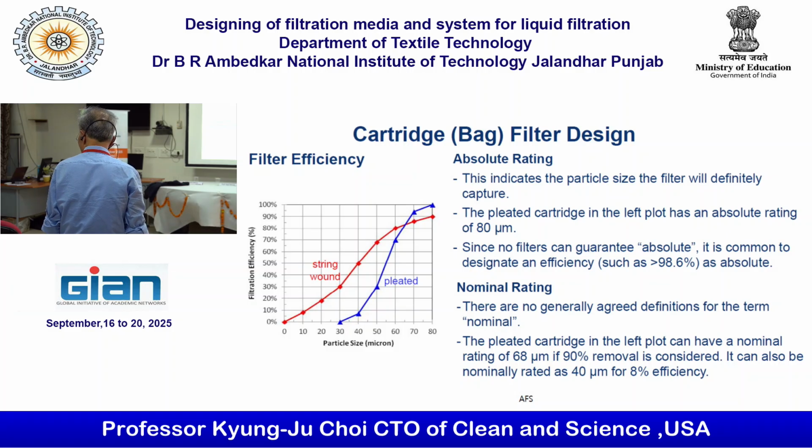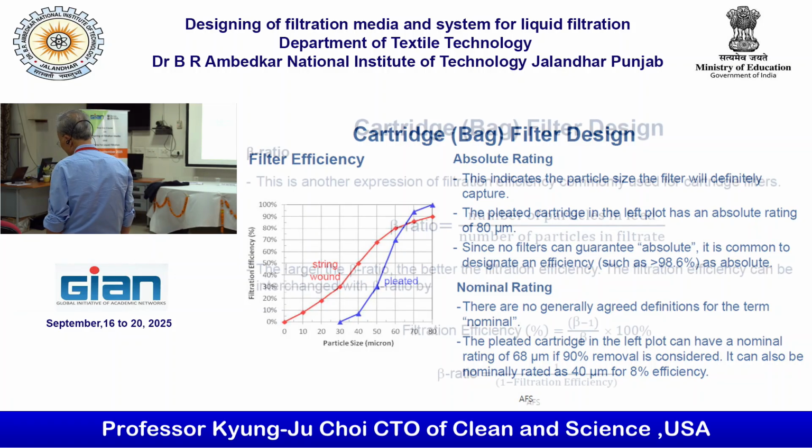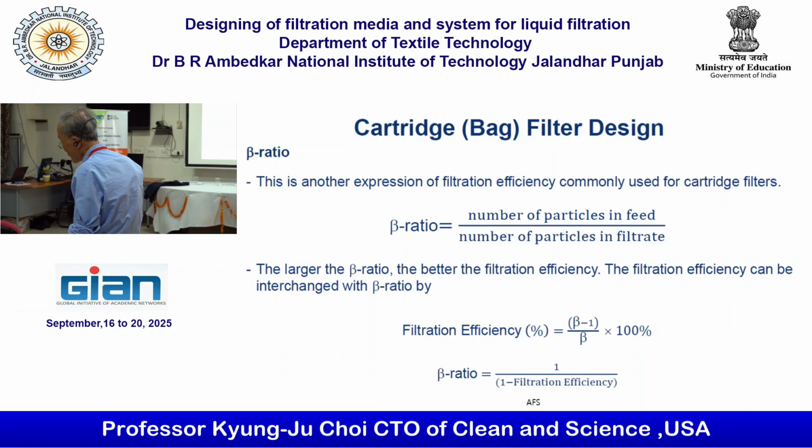Do you know beta ratio? This is quite important for liquid filtration, especially oil filtration. Beta rating: number of particles in feed, number of particles in filtrate. The equipment, you can buy it, but it's not cheap. It's quite expensive.